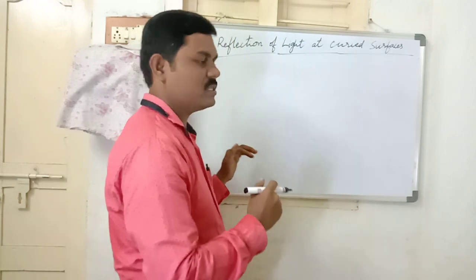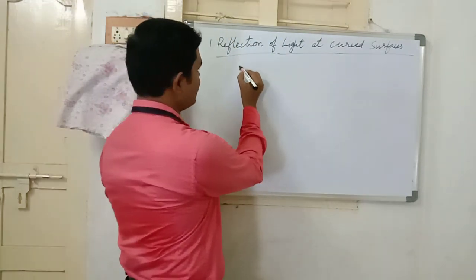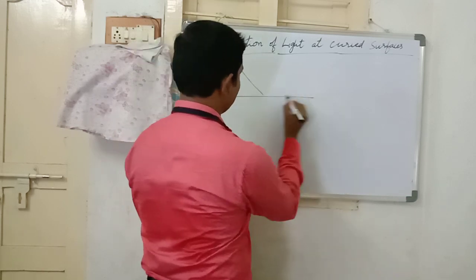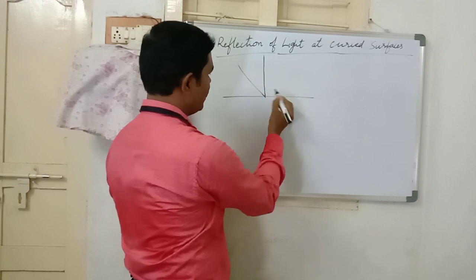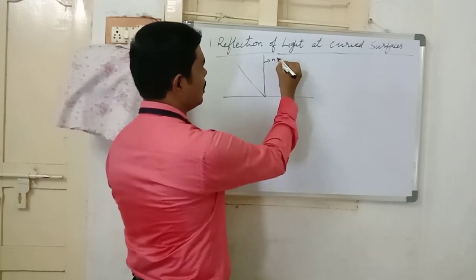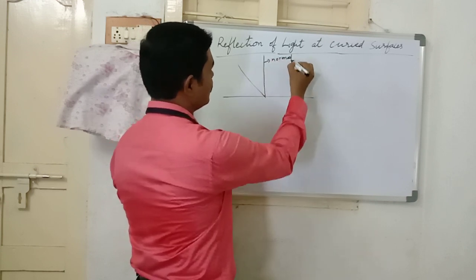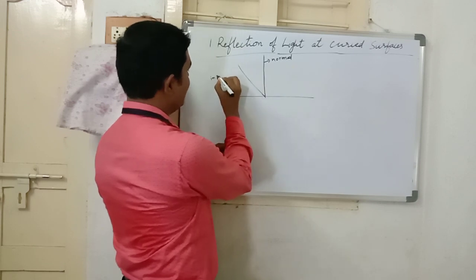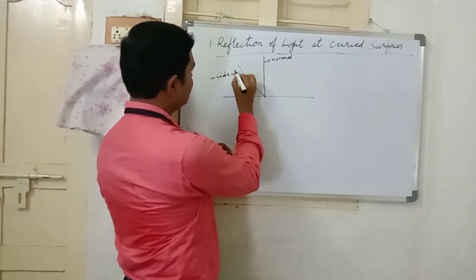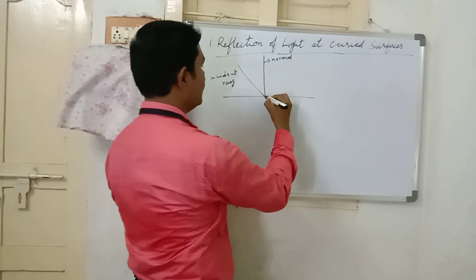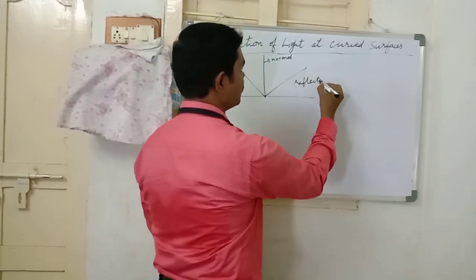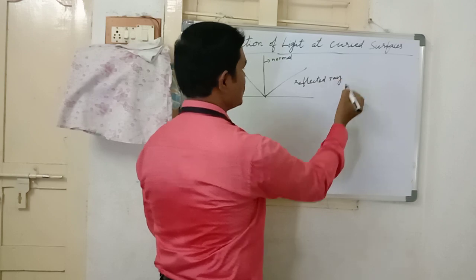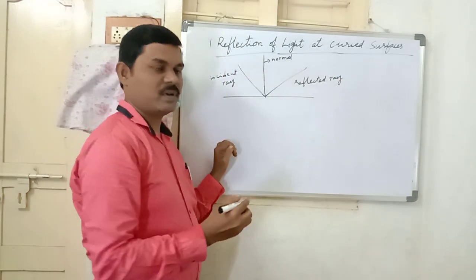So in the previous understanding, when light rays fall on any smooth surface, and if you draw a perpendicular line, this is called the normal, this is called the incident ray, and this is called the reflected ray. So by this, two laws of reflection are there.